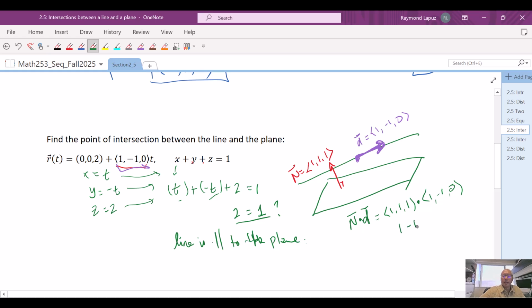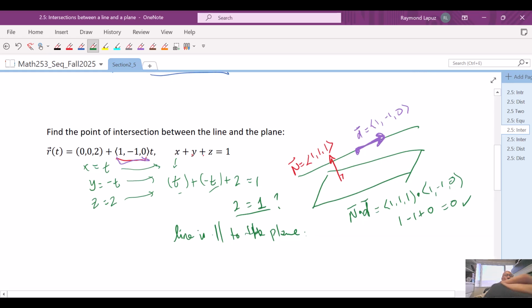And that would be 1 minus 1 plus 0. And that's equal to 0. So that does make sense. That does check out. And in this particular case, the line is not on the plane, and it's actually parallel to it. So there are no solutions. So the line is parallel to the plane. We can just say no intersection.